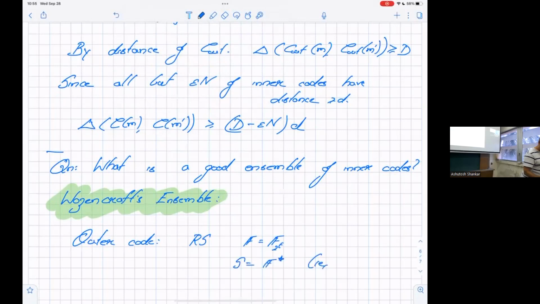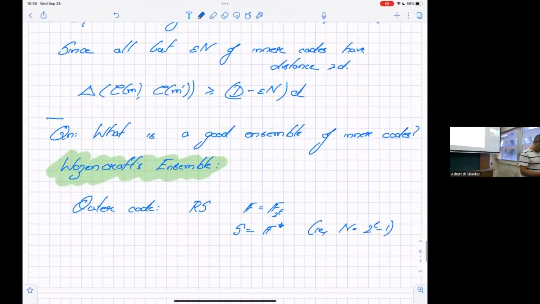That is, n is 2 to the t minus 1. And let k be anything. Think of k being n by 2 just to keep things fun. It could be anything; this I don't care about.